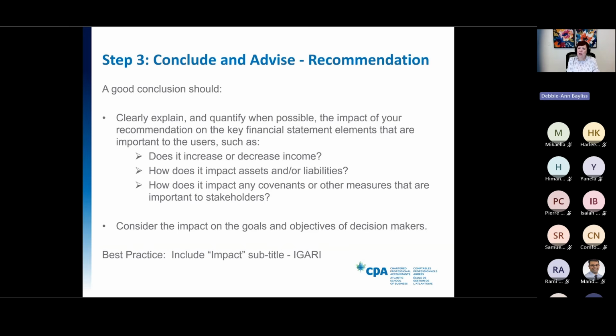Make sure too that a good conclusion explains and quantifies wherever possible the impact that your recommendation is going to have on those financial areas that the user is interested in. So does it increase or decrease income? If there are any covenants, is it going to have a positive or negative impact?